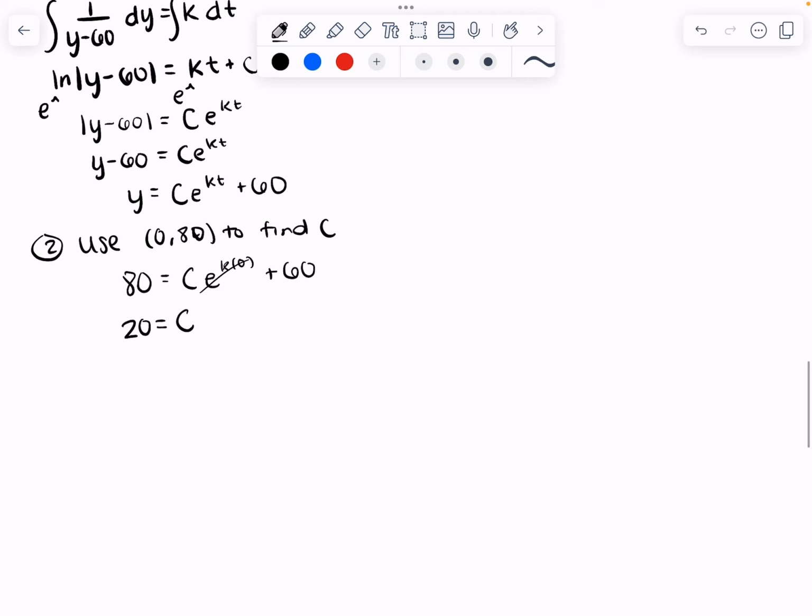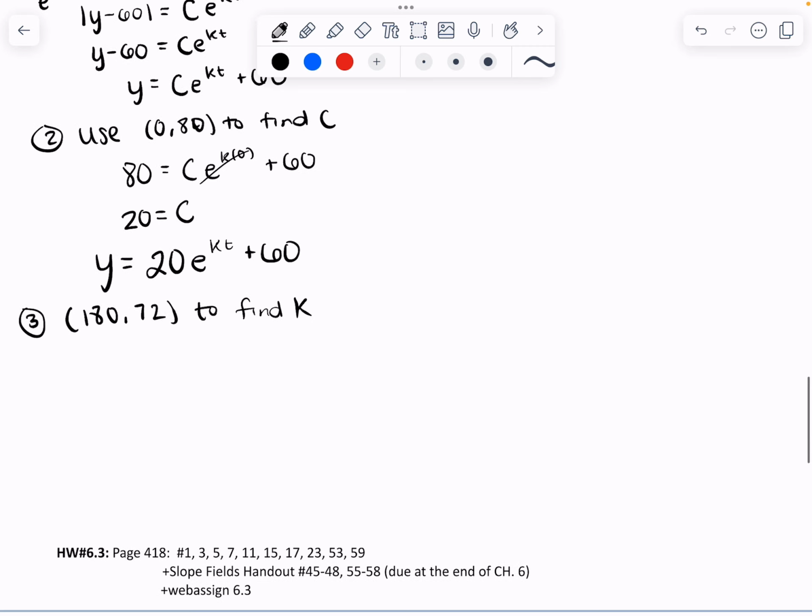So my new equation is y equals 20 e to the kt plus 60. Now I'm going to use the next initial condition that I have, which is 180, 72. We're going to use that to find k.